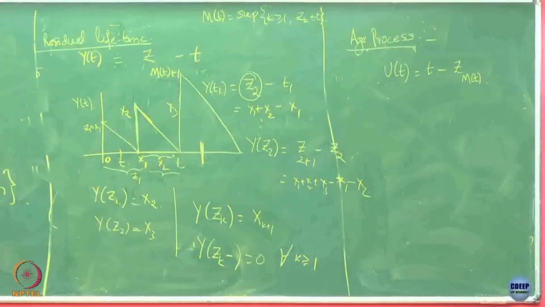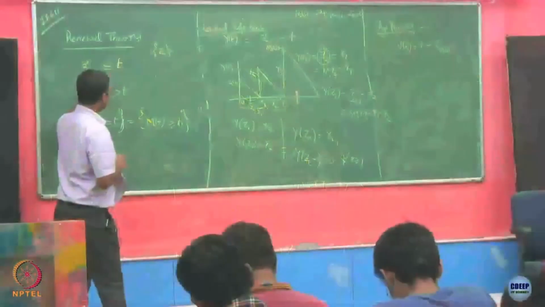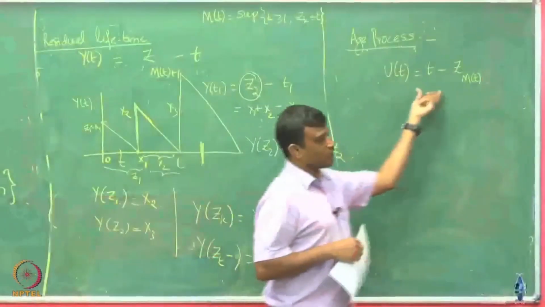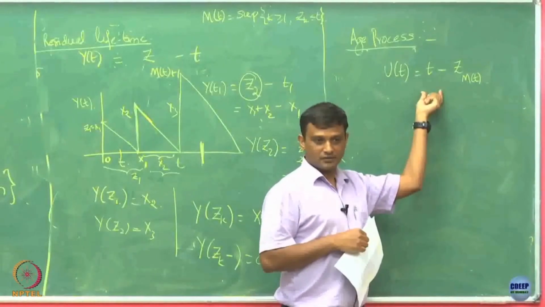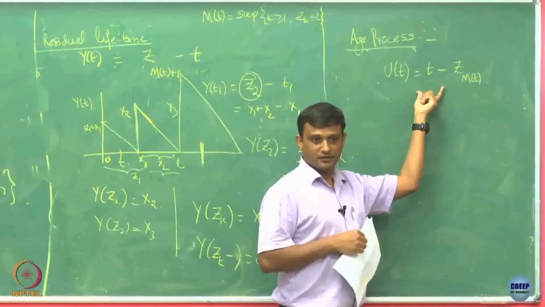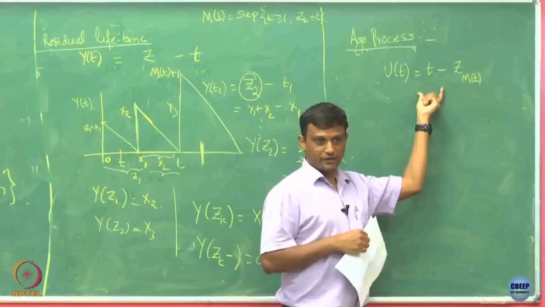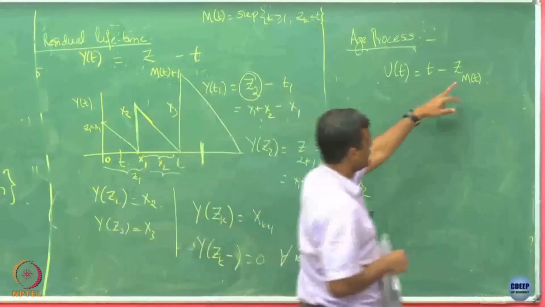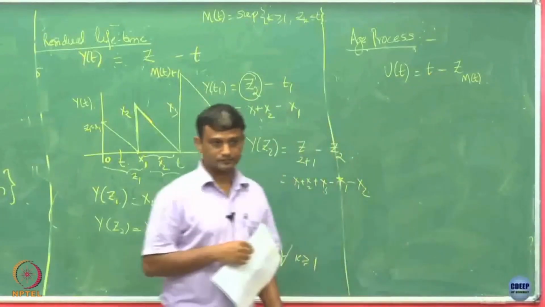I have already argued that z of mt is going to be less than or equal to t, right? Because of this, is this quantity going to be positive or non-negative? It is going to be non-negative, because z of mt is always less than or equal to t.